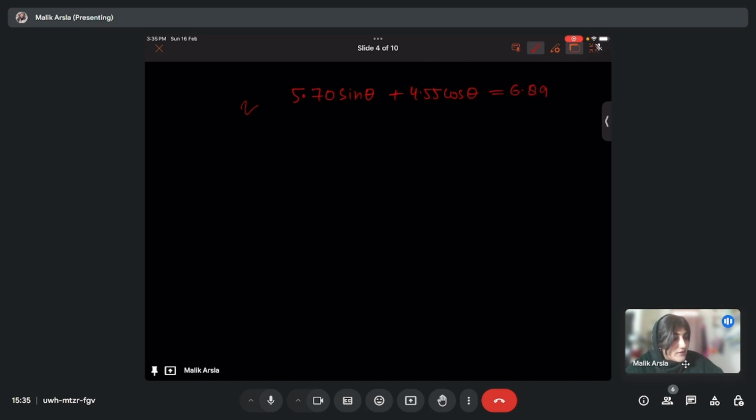So it is in the well known form a sine theta plus b cos theta is equal to c.